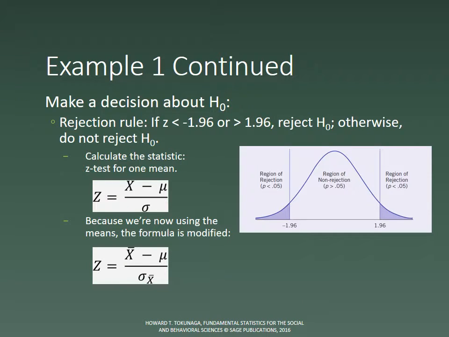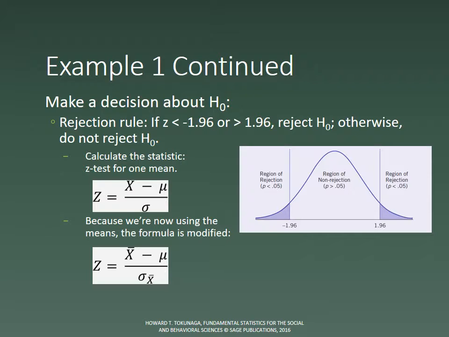Now on to making a decision about the null hypothesis. Well, in this case, we're using a z-score of less than negative 1.96 or greater than 1.96 in order to reject the null hypothesis. If it doesn't fall into that range, we do not reject the null hypothesis. And how do we get the negative 1.96?